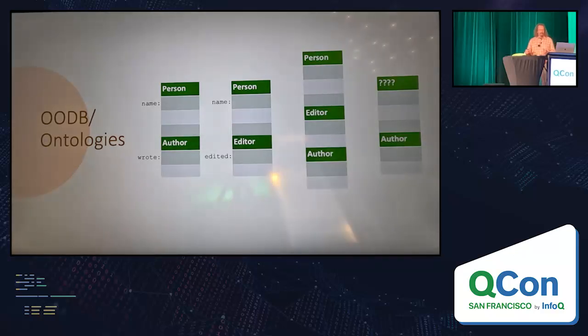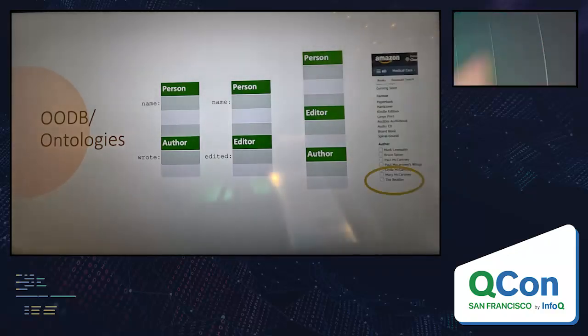Well, it turns out that we were trying to do an inheritance-based type system. We said, well, an author, that's a subclass of a person. And it turns out the Beatles authored a book. There are books in the world, and they have a title and a name, and the author's name says the Beatles. It's a fact. I'm not making this up. This is Amazon right now, right?